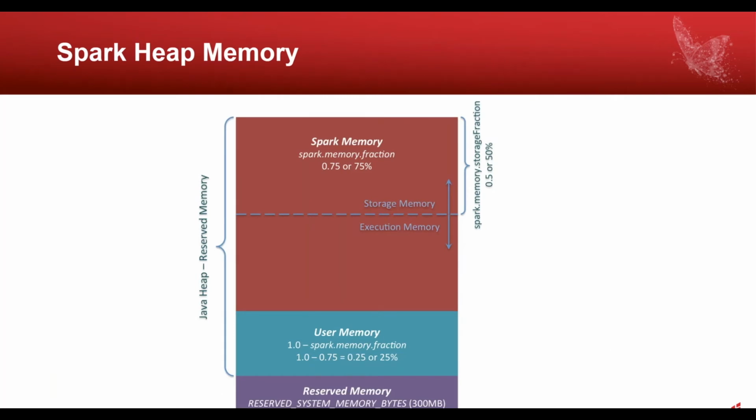You can see that we have three regions in Spark heap memory. We have some reserved memory that we can change. We also have user memory that you can use, for example, to store your objects during a Spark job. And also we have Spark memory. Spark memory can be separated into two parts, execution memory and storage memory.